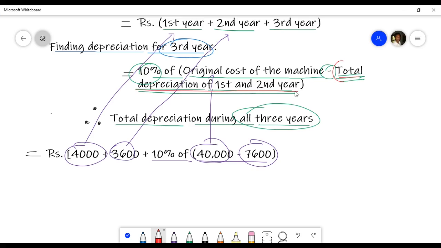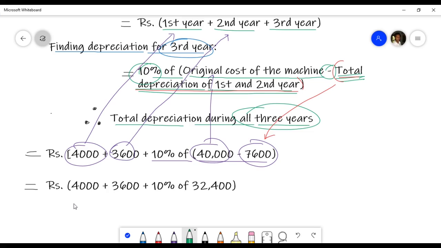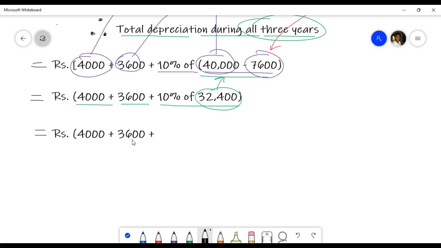Total depreciation of first and second year will be 4,000 plus 3,600, that is 7,600. I hope you have understood this. Let's solve it further. 4,000 plus 3,600 plus 10% of, when you subtract 40,000 minus 7,600, you will get 32,400.